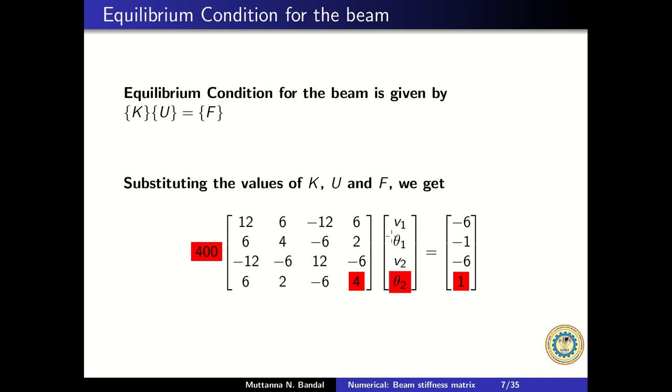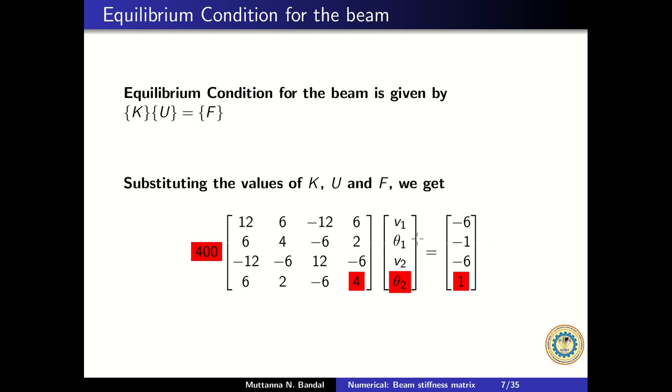Now since from the boundary conditions v1 is equal to 0, theta 1 is equal to 0, v2 is equal to 0, and theta 2 is unknown. So this we have discussed from the boundary conditions, right?